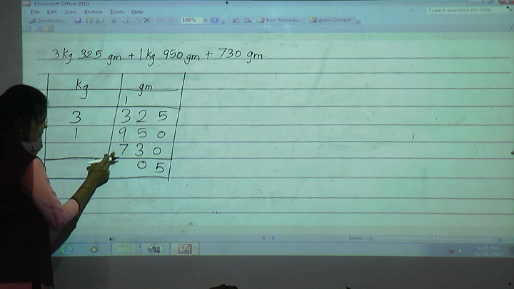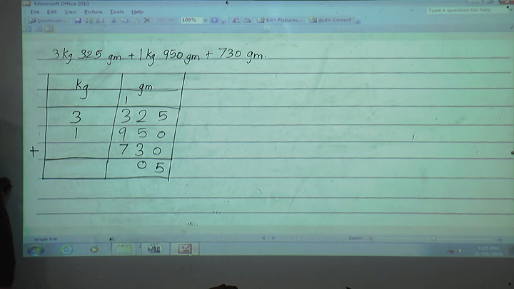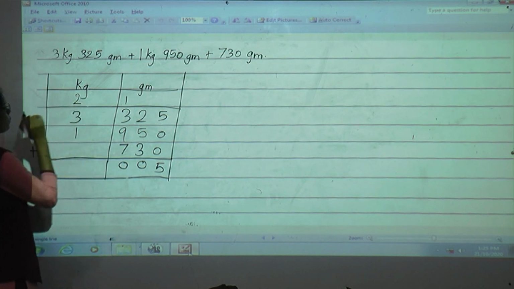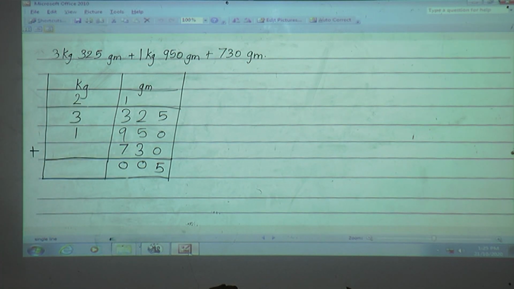Then 13 plus 7, after 13, count your 7 fingers, 20. So what we will write here? 0, and we will give 2 as a carry. Then 2 plus 3, 5, 5 plus 1, 6.